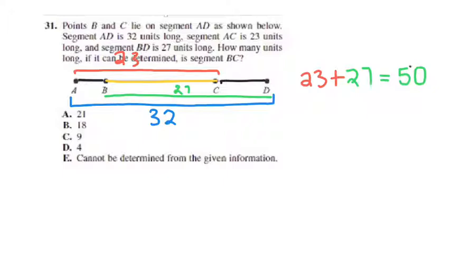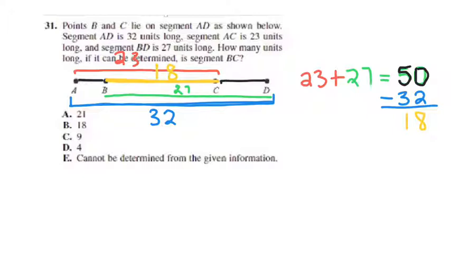So if I take that total together, those two pieces are 50. If I subtract 32, which is what the entire piece should be, that'll get rid of that extra overlapping piece. So it'll tell me what the yellow piece is basically. So when I subtract that, I get 18. So this yellow piece, this overlapping piece is 18.